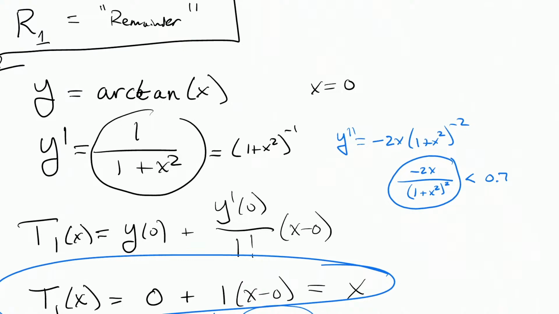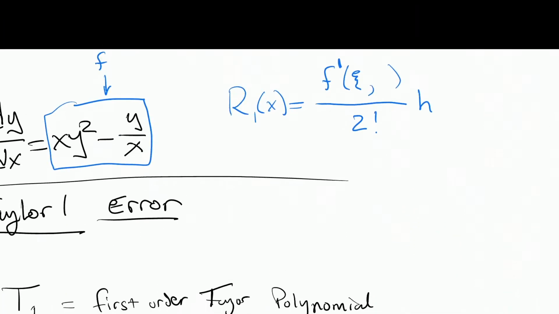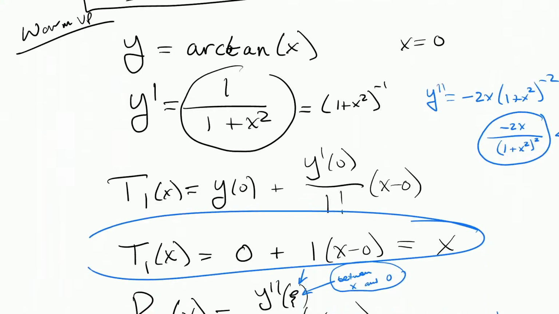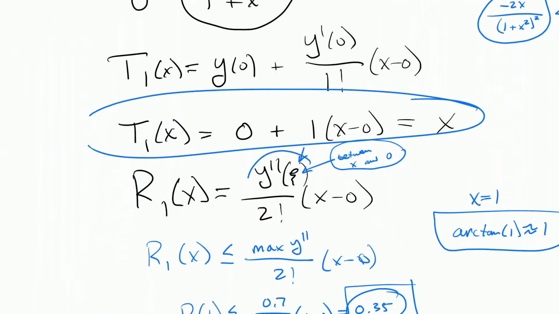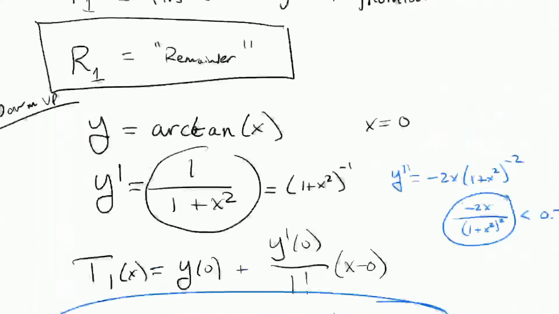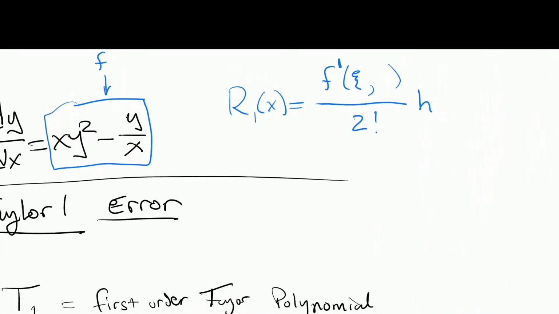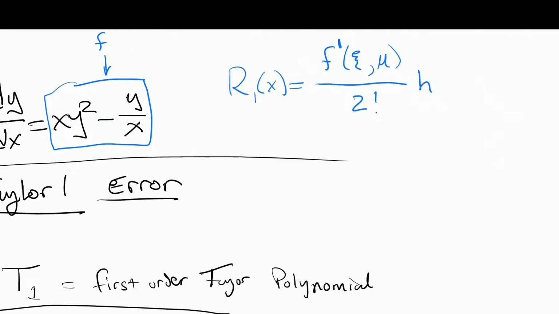Okay, so back here, doing this differential equation, we don't have just a function of one variable, we have a function of 2 variables. And so I think our book uses mu. Just basically, it's saying that there is some point between. So here's the way that this is going to look.